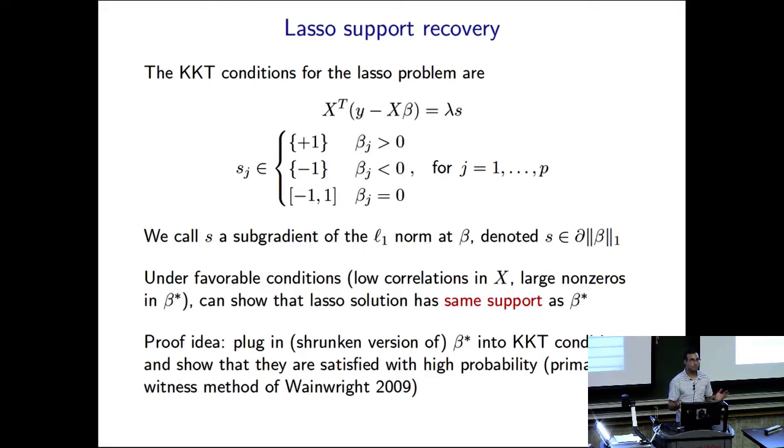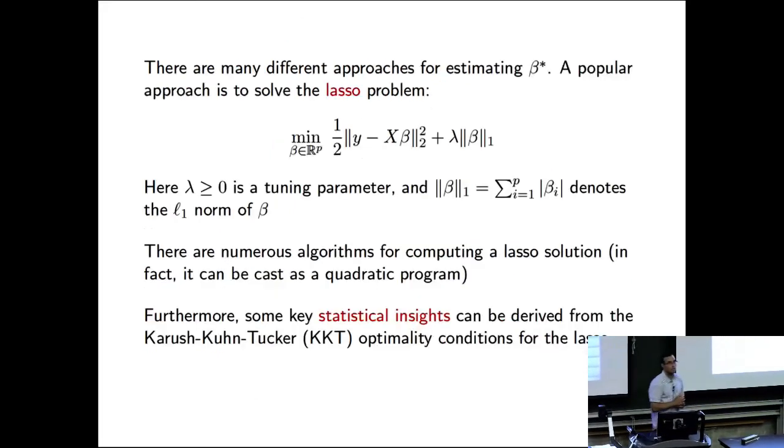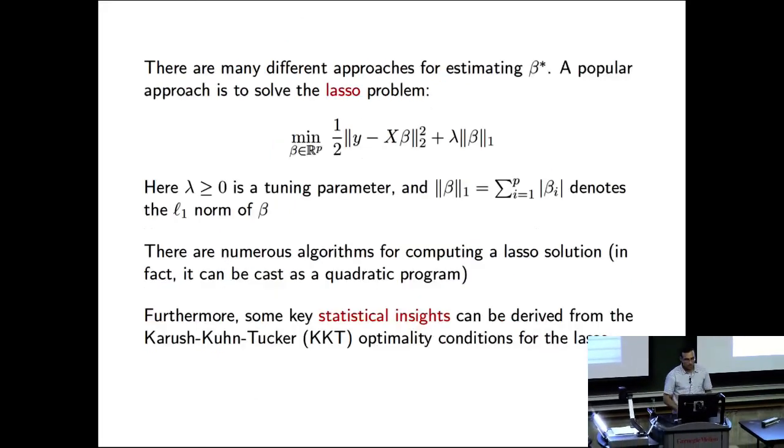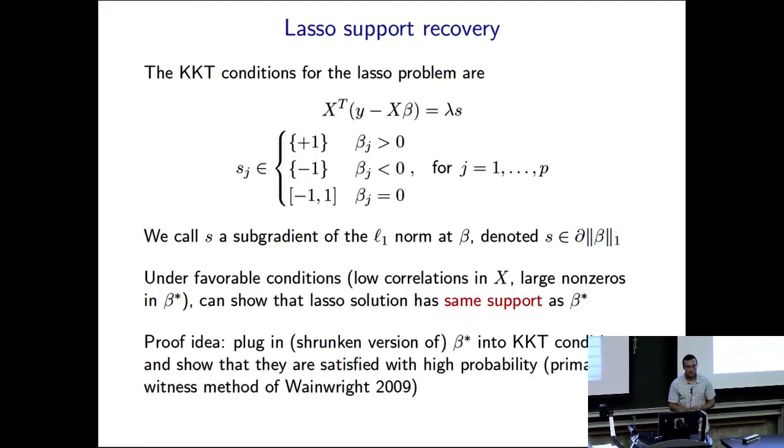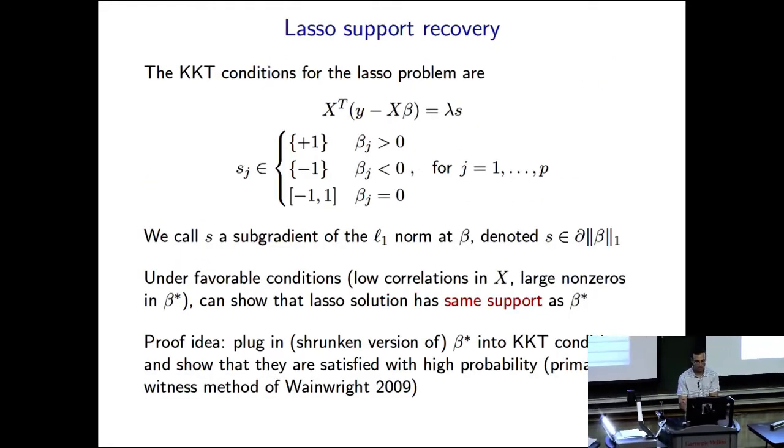They apply to convex problems in general, with or without constraints. And the criterion doesn't even need to be differentiable. In this case, the L1 norm is actually not differentiable. But we still can get a set of conditions that characterize optimality exactly. And this is what they are. We have to have x transpose (y minus x beta) equal to lambda times s, where s has to satisfy the following relationship.